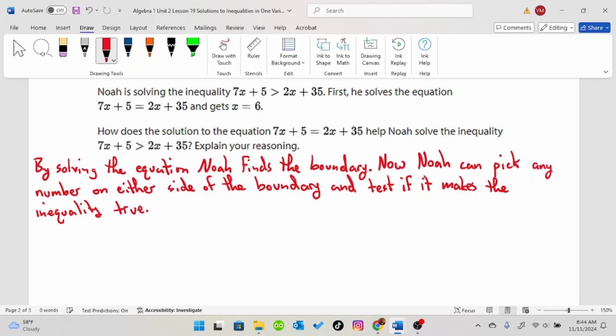One side of the boundary will make the inequality true. The other side will make the inequality false. Once you know where the boundary is, one side of the boundary will make the inequality true, and the other side will make it false.